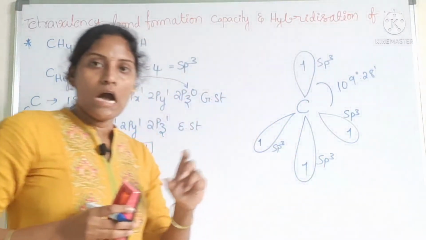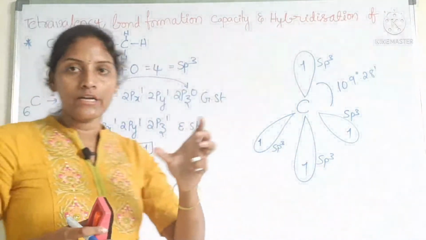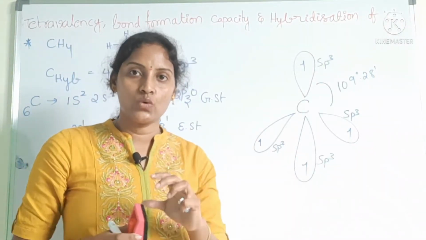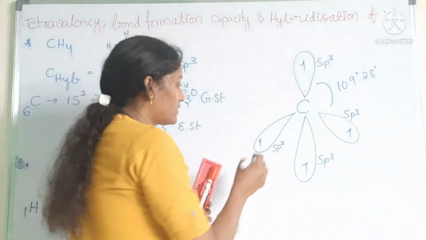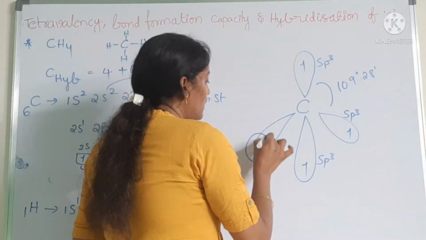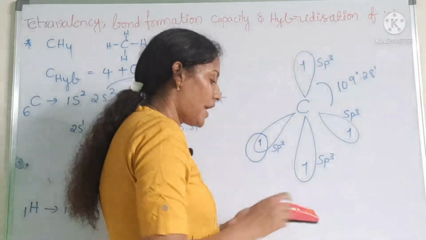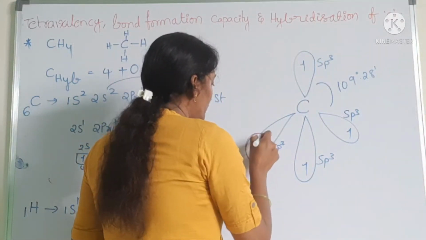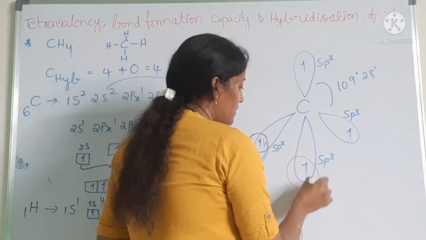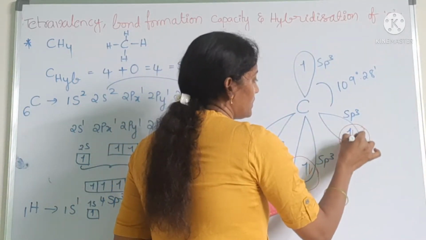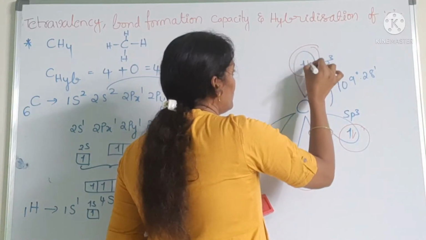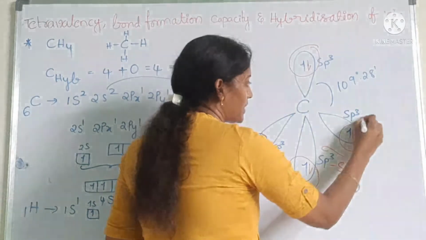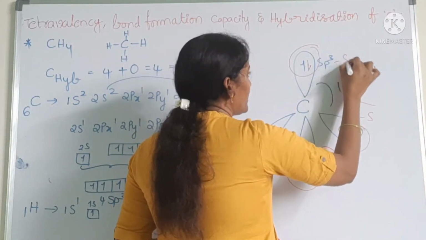See here, after that the 4 hydrogens are going to be involved in bond formation with these 4 sp3 hybrid orbitals. See, this is one hydrogen atom involved in bond formation with one sp3 and another hydrogen. This is one hydrogen and this is one hydrogen. See, this is sp3-s sigma, sp3-s sigma, sp3-s sigma.